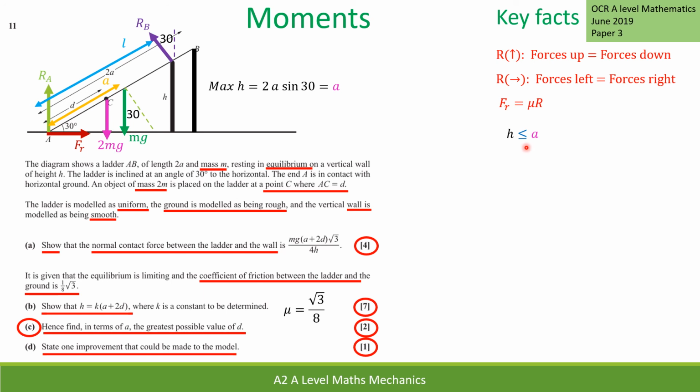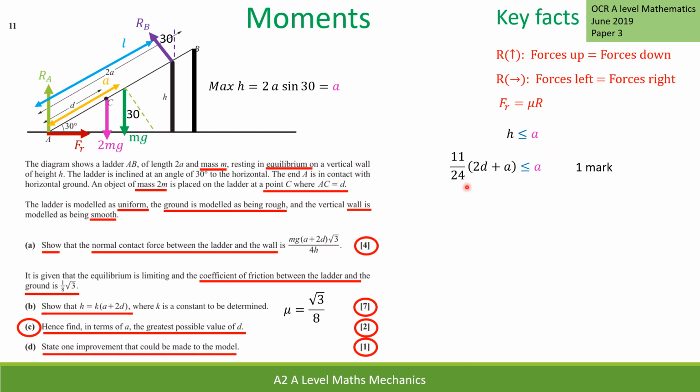Now, this is the inequality. This is the really important and the hard part to find. Once you've got h is less than or equal to a, you're away, because we know the value of h is the answer we got for part B. So 11 over 24 times 2d plus a is less than or equal to a, and this is your first mark. But noticing this part here is tricky.